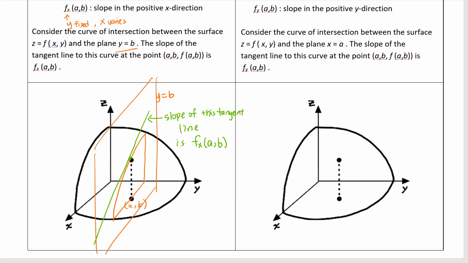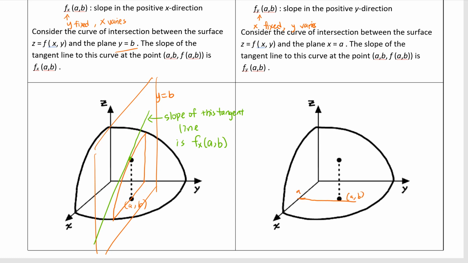On the next picture, partial f partial y is the slope in the positive y direction. So here we have x fixed and y varies. So we consider the curve of intersection between the surface and the plane x equals a. So this is the point (a, b). a is right here.